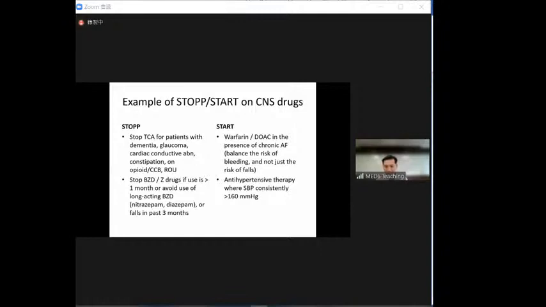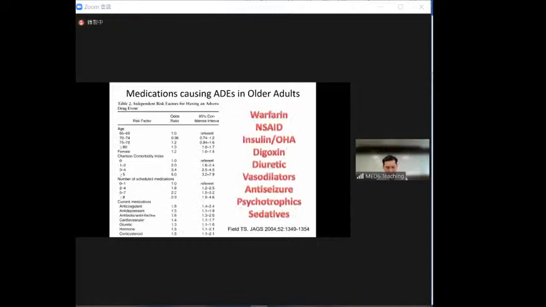But of course, you would want to balance the risk of bleeding, such as the use of the HAS-BLED score. And then you need to treat the high blood pressure with antihypertensive drugs. Of course, you would want to consider if the patient has any risk of falls, etc.